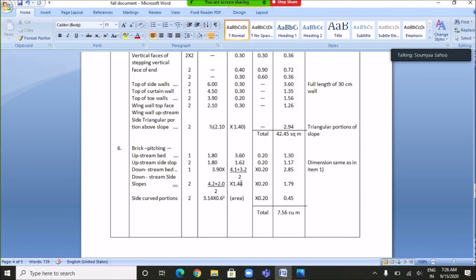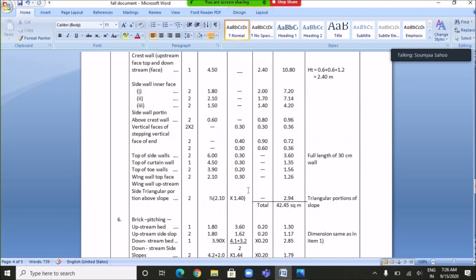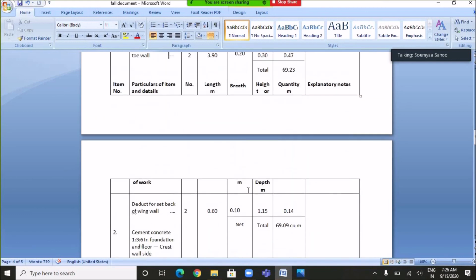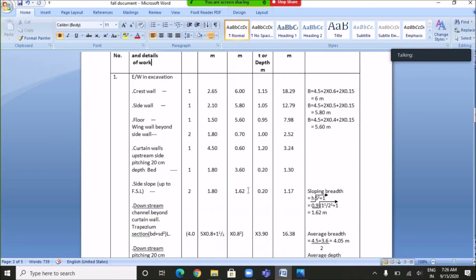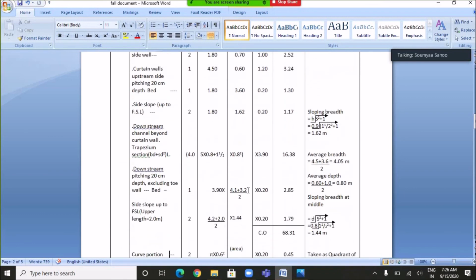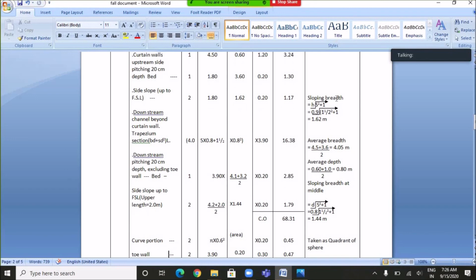These values of breadth for side slope of upstream side and downstream side we have already calculated previously. Here the sloping breadth we have already calculated it. So as you can see here, the sloping breadth is calculated as 0.9 square root of 1.5 square plus 1, which is equal to 1.62 meter.